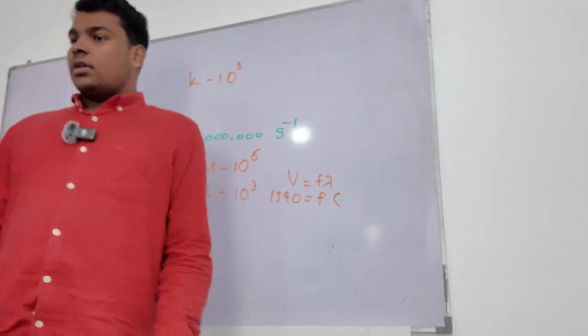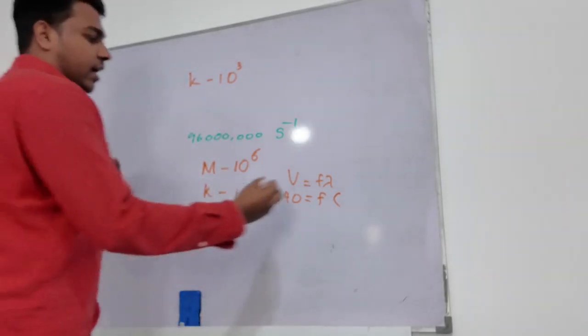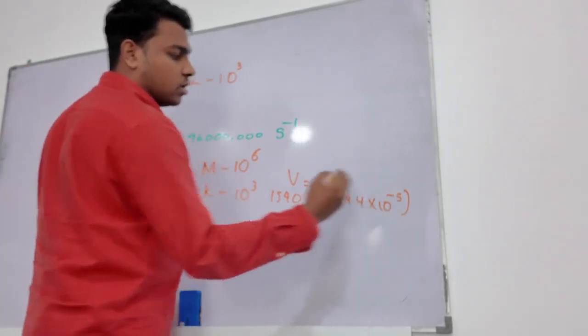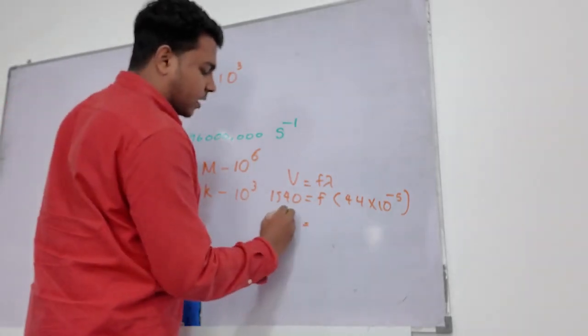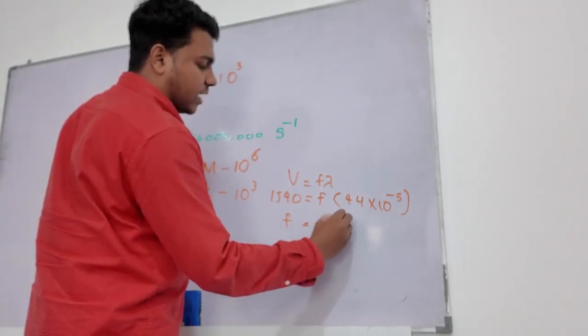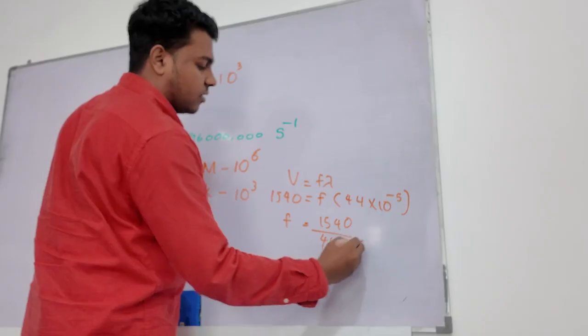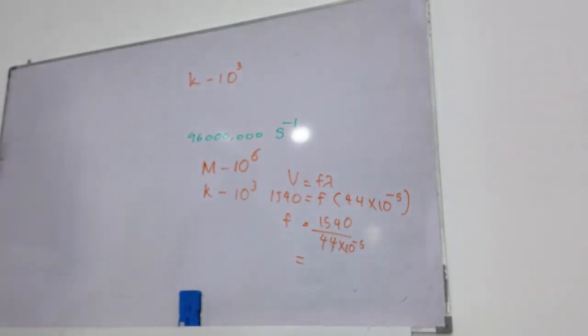So 1, 2, 3, 4, 5. We can write 44 times 10 to the power minus 5, right Namindi? What will happen if I divide 1540 by 44 times 10 to the power minus 5? Give me a calculator. Do it in your calculator.